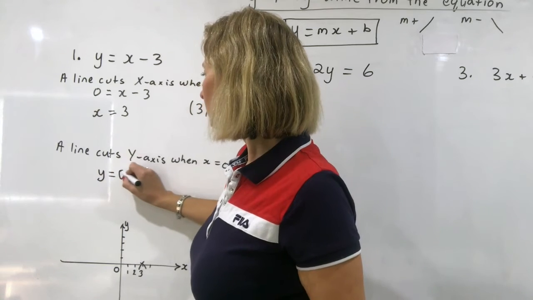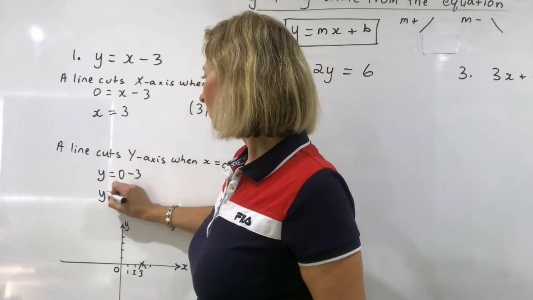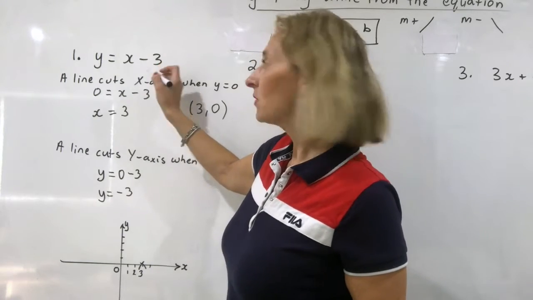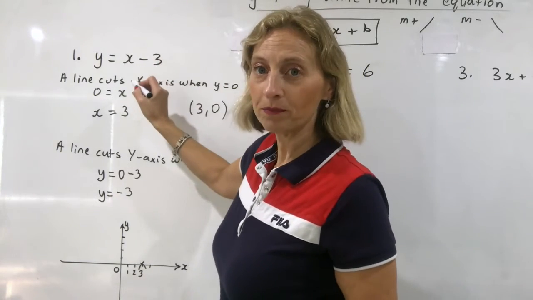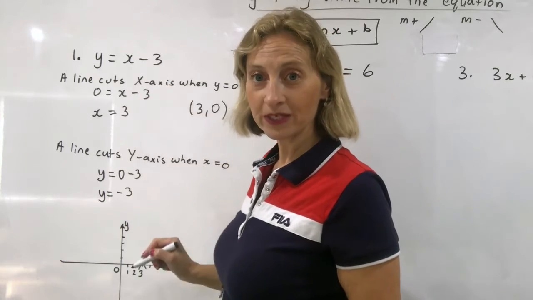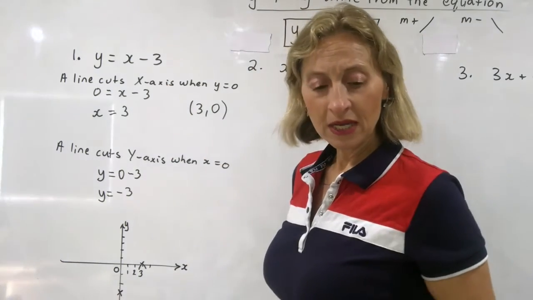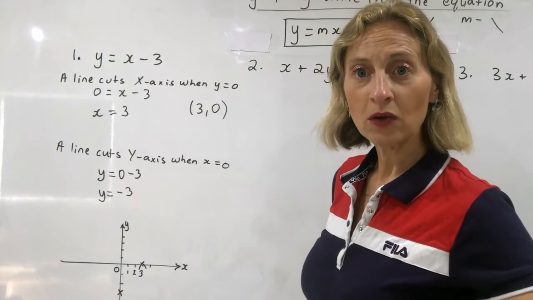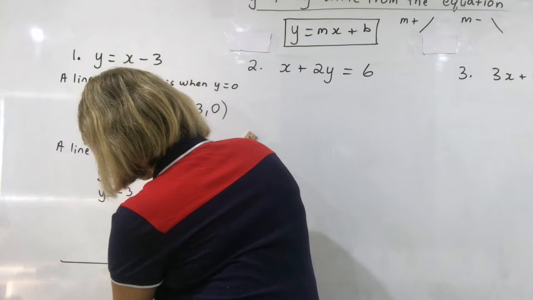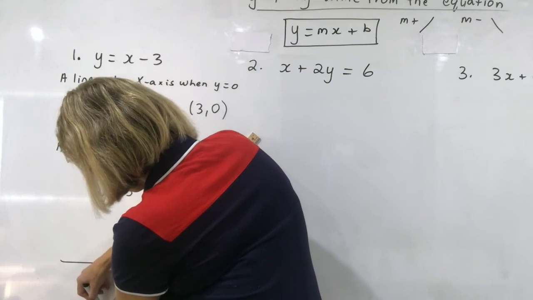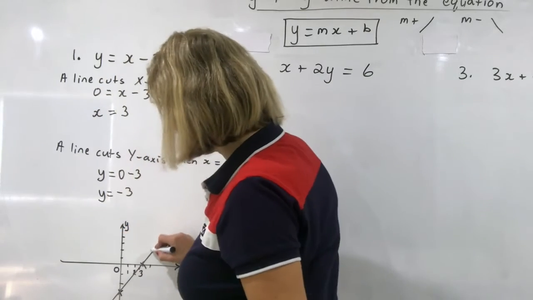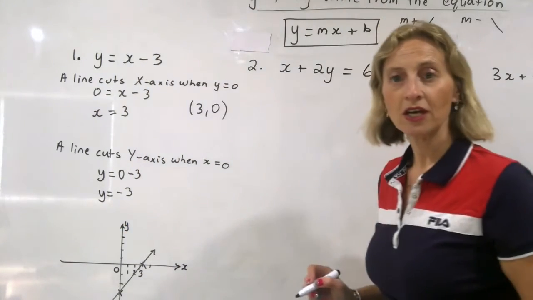So y will equal 0 take away 3, so y will equal minus 3, which hopefully we would have known anyway because that was in the right form. But even if we don't realise that it was in the right form, we still could have worked it out. Minus 3, and because we have 2 points, we can now rule a line. And that's also a very easy way to sketch a line.